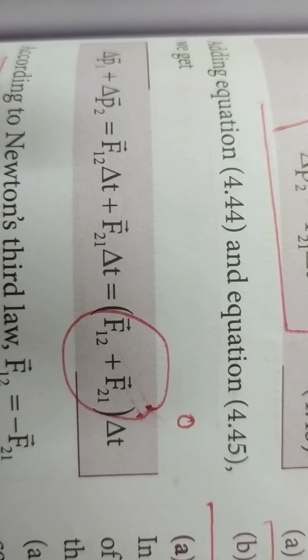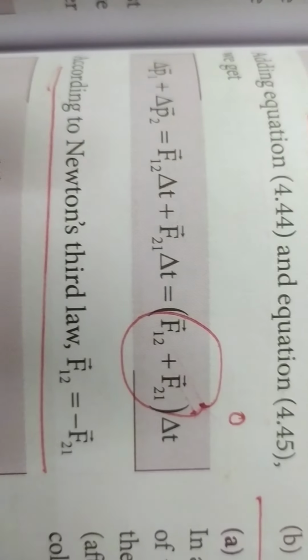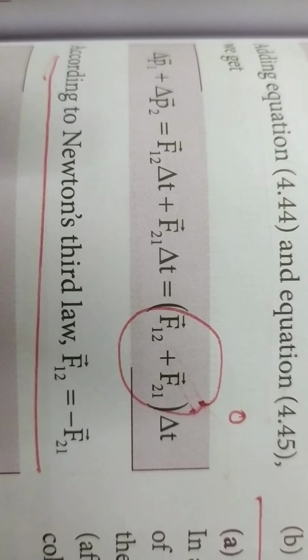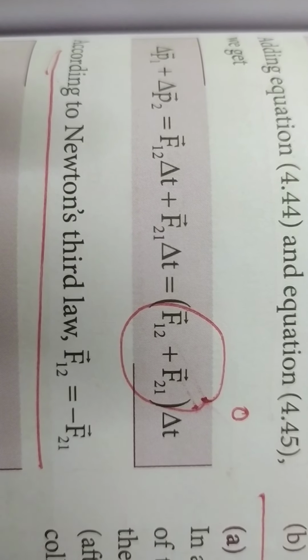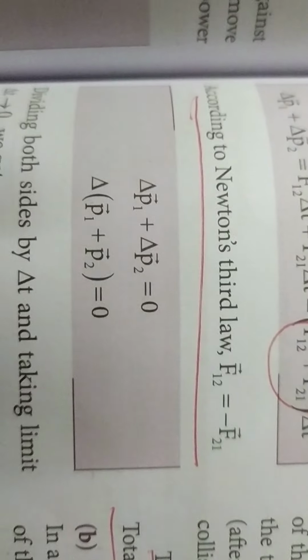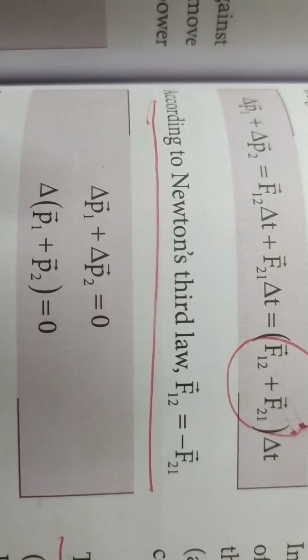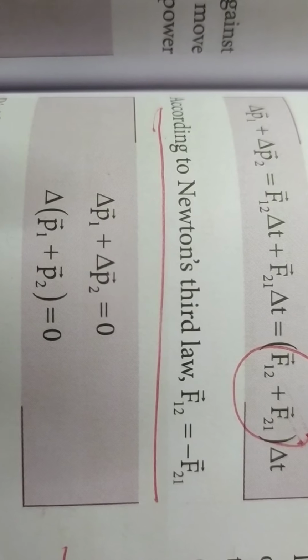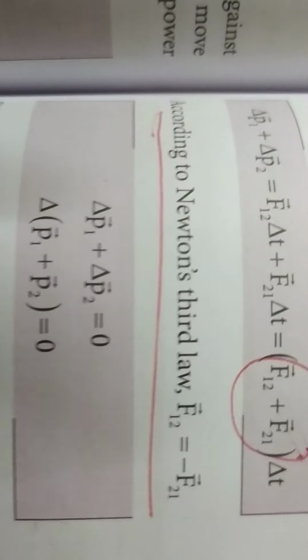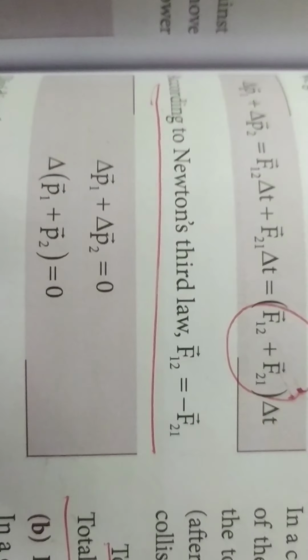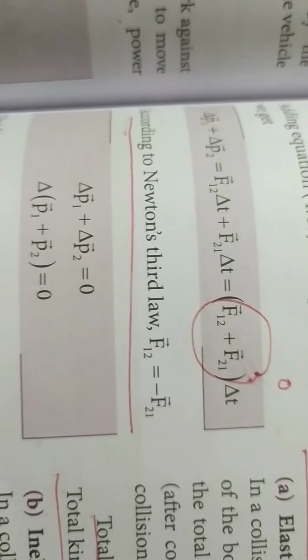These two forces are equal and opposite according to Newton's third law, so the two terms, F12 vector and F21 vector, get cancelled. The equation now becomes delta P1 vector plus delta P2 vector is equal to 0. Taking delta outside, within the brackets P1 vector plus P2 vector is equal to 0.